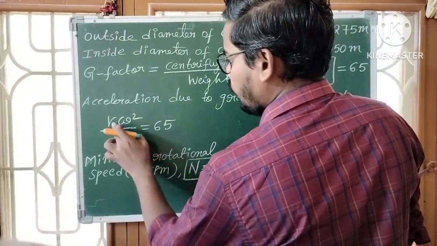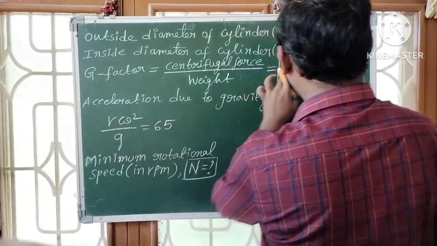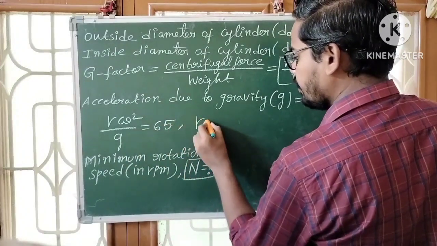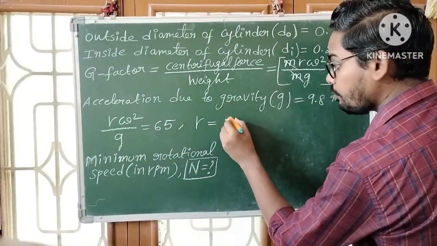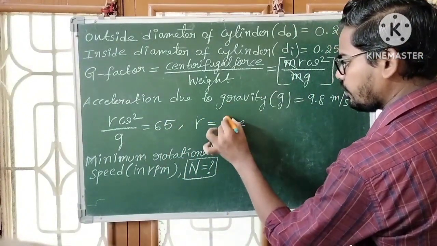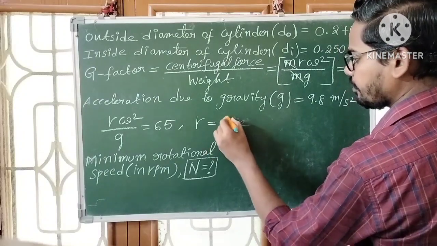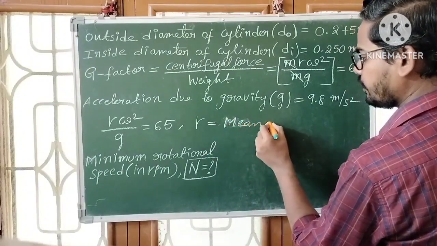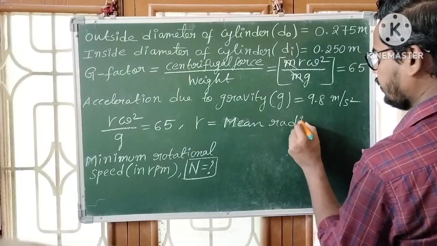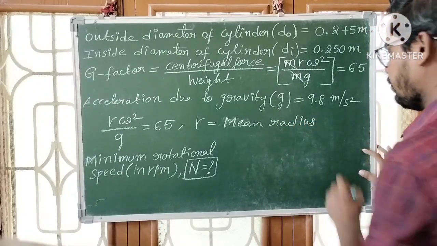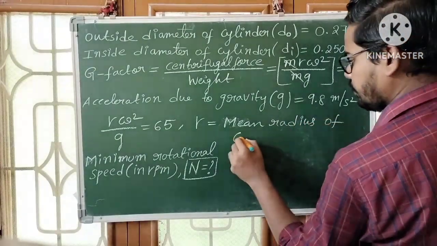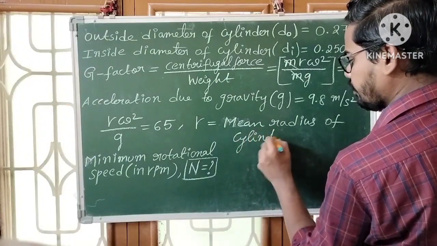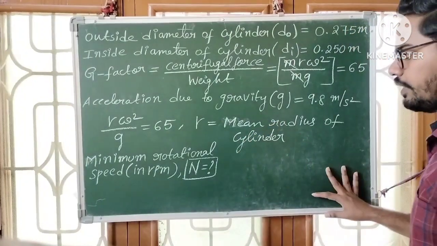See, in m r omega square, what is R? R is the mean radius, nothing but the average, the mean radius of the metallic cylinder.